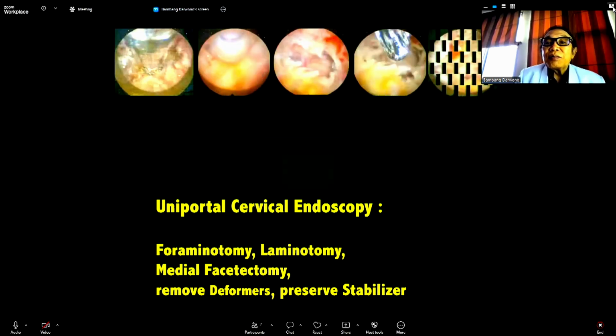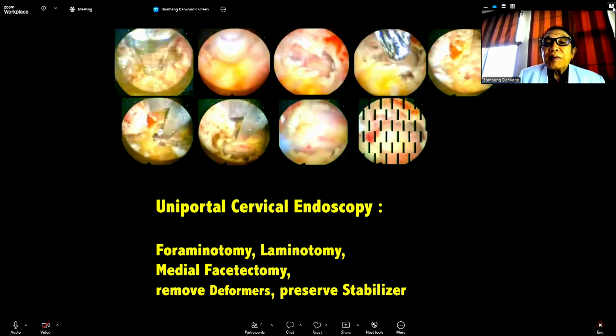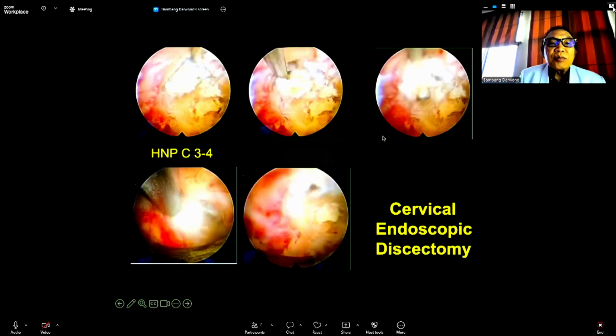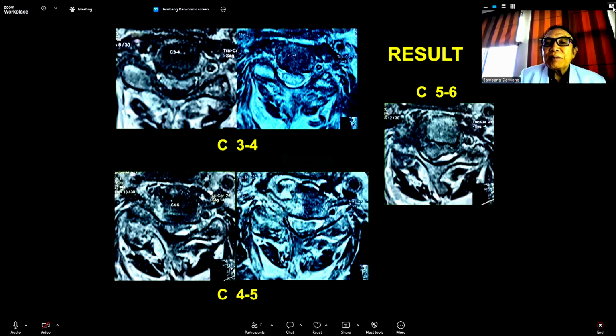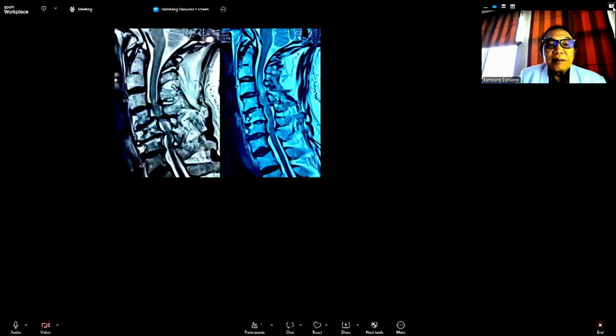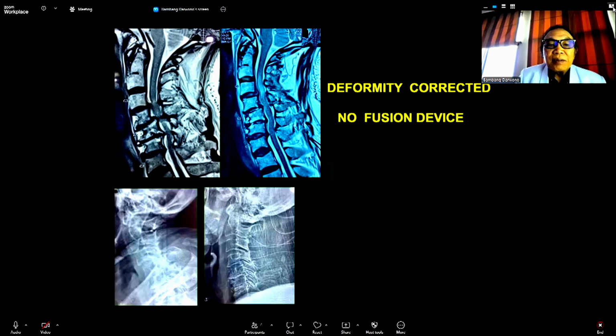This is what we do. It's already well decompressed. And also the herniation, we remove it.